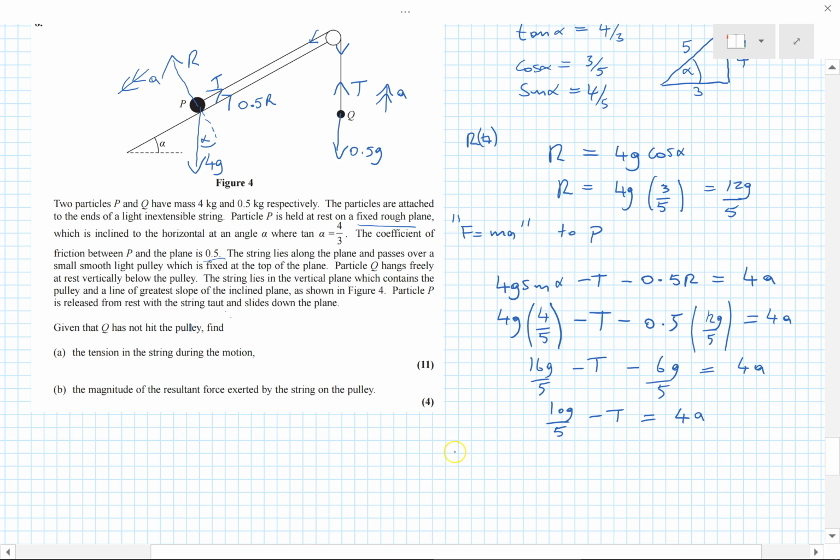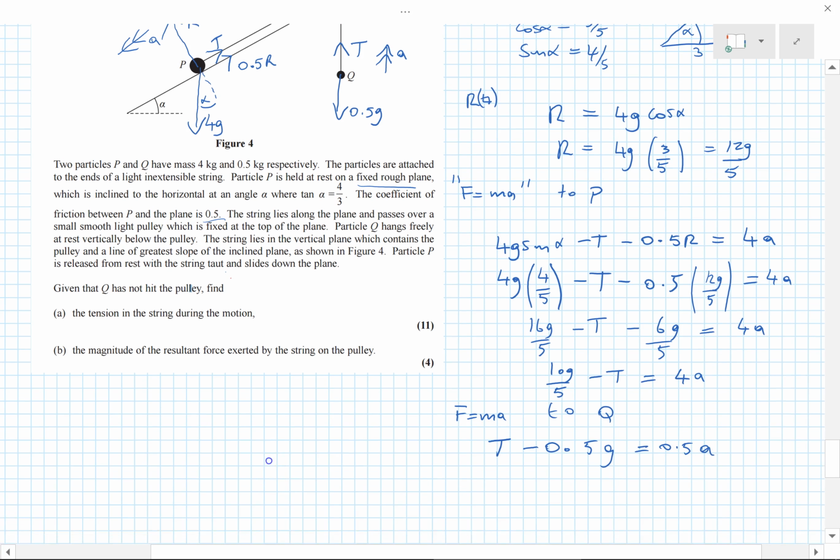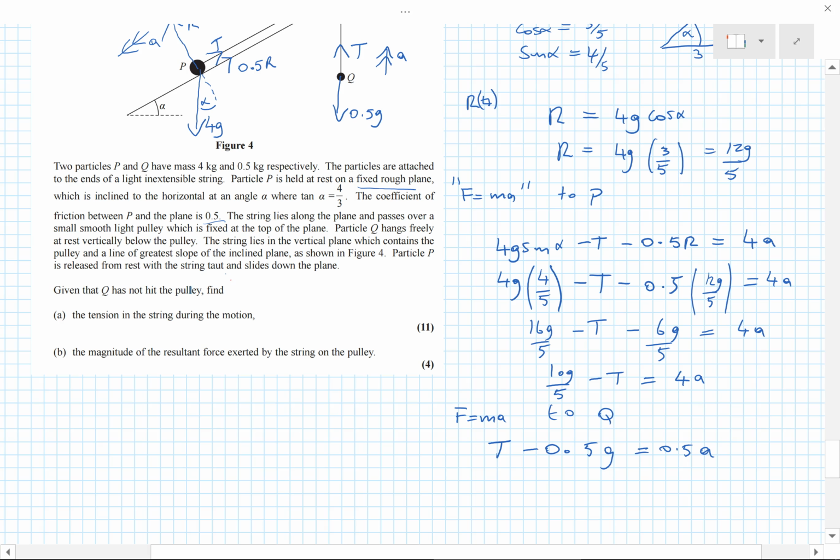So now I'm going to do F equals ma to Q. That's much easier because I've got the force upwards, which is T, and the force downwards, 0.5g, is equal to 0.5a.